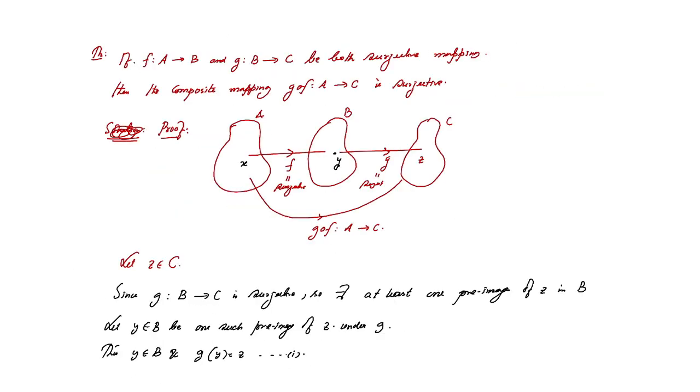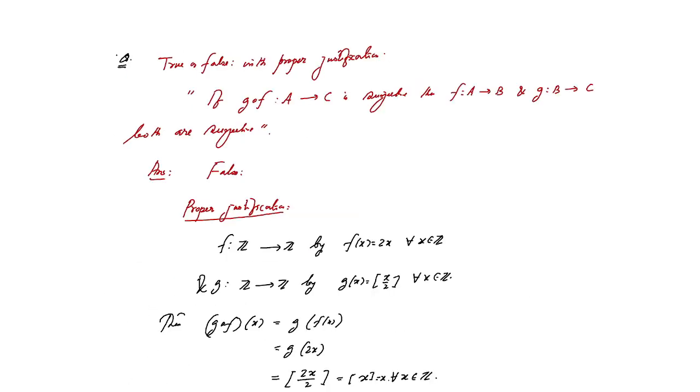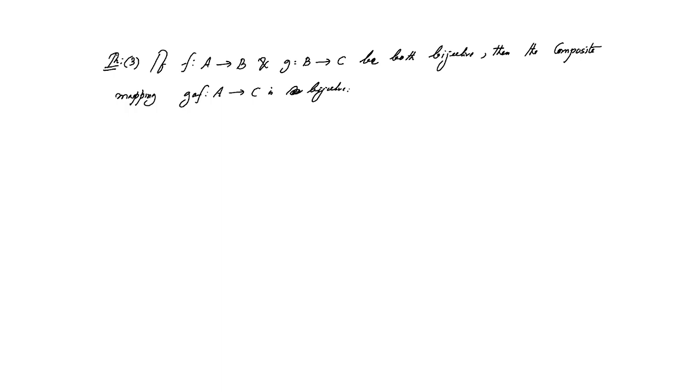And here we have done, this is basically theorem number 2. In the previous class we have done that the composition of two injective mappings is injective. So now we'll prove this theorem by using the following two steps.